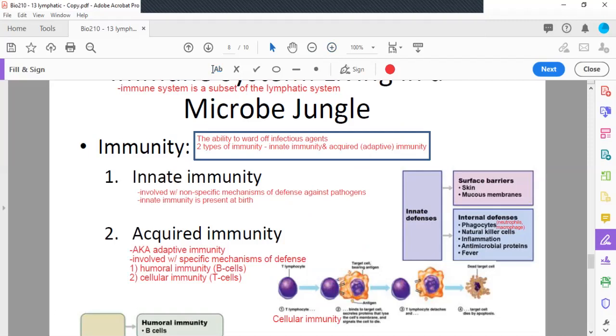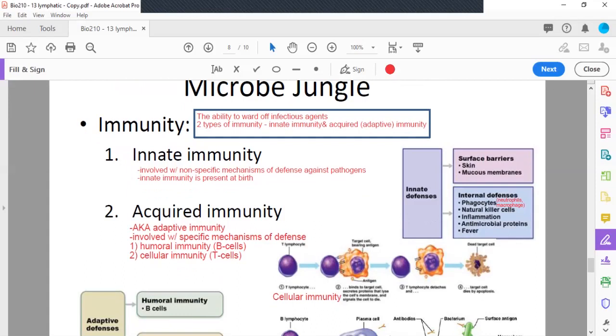So it binds to target cells and secretes a protein, and this protein will produce holes inside the target cells, which are the infectious agent. Once you punch holes into the target cells, they will die, and that's how the T lymphocytes are involved with fighting pathogens.